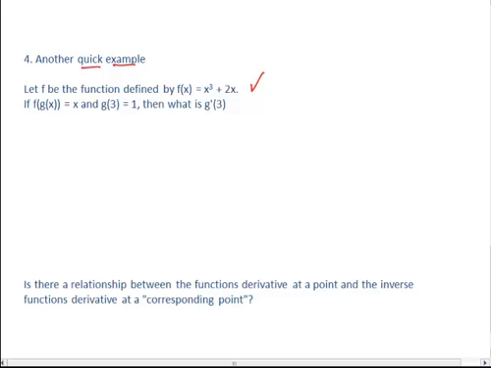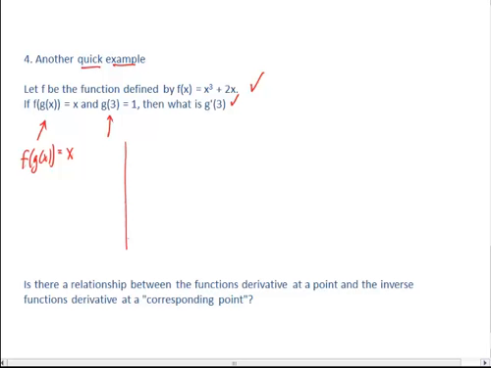And they would say that the function, because of an inverse property, f of g of x equals x, this is a property of inverses. So they would give us the property here stating that we have the inverse function. They would then give us a point on the inverse graph. So they tell us that g of 3 equals 1. And ask us what the derivative is at g prime of 3.